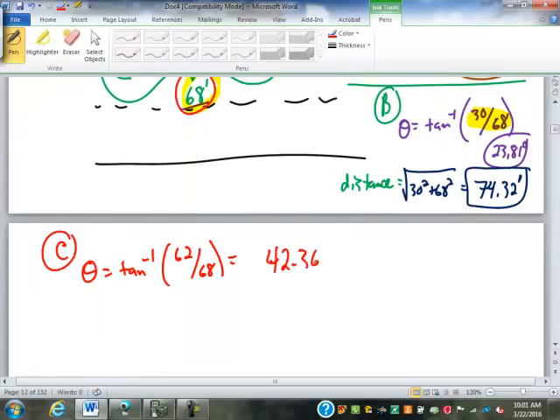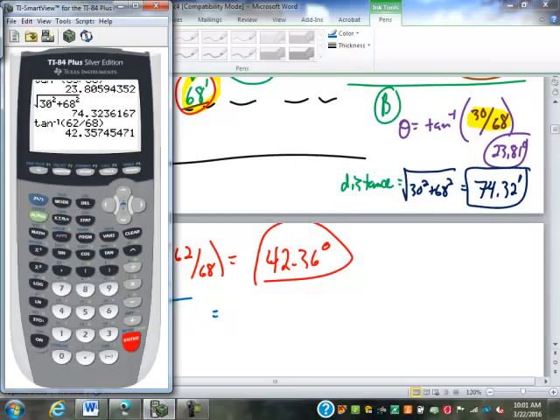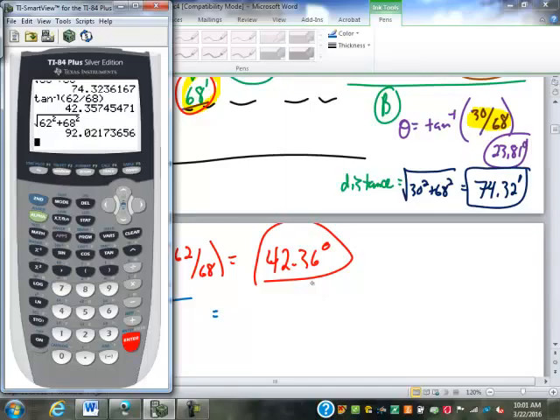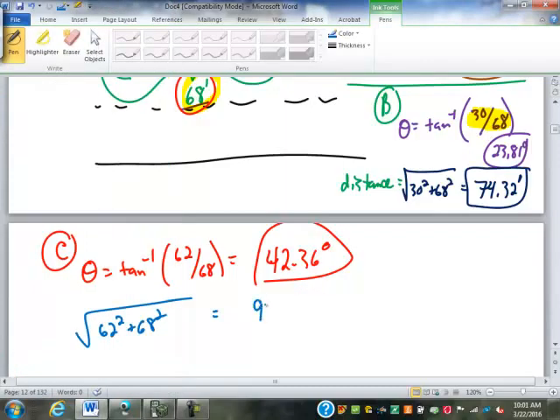How many of you had 42.36 degrees? Good deal. Your distance is the square root of 62 squared plus 68 squared. 92.02 feet. How many of you had 92.02?